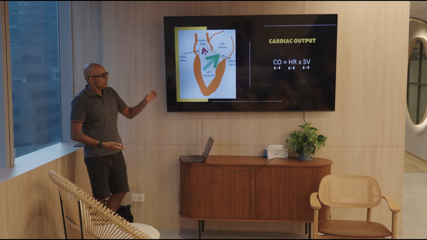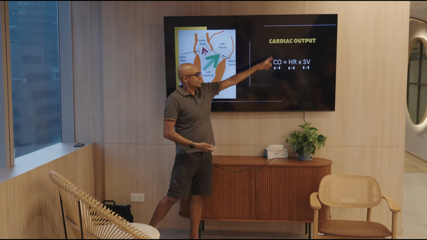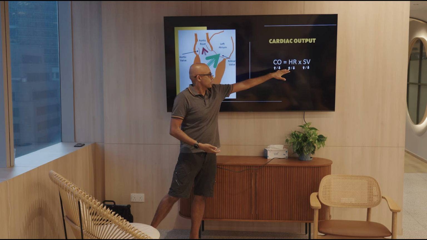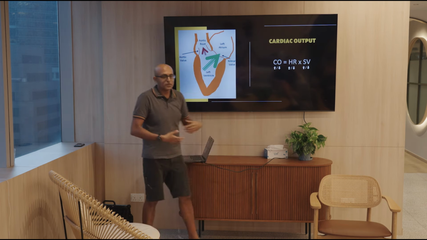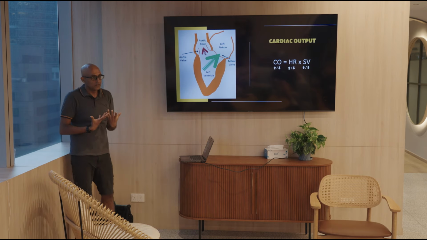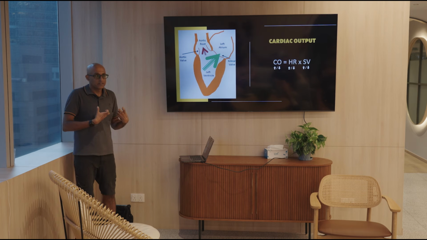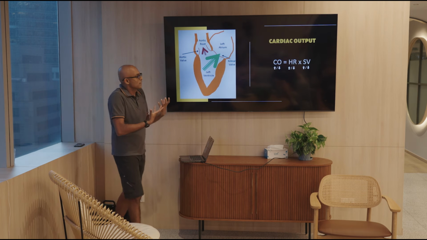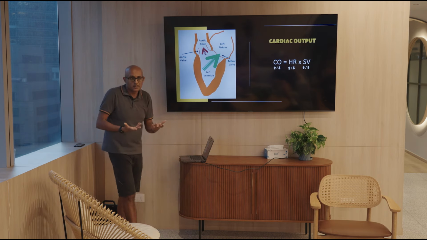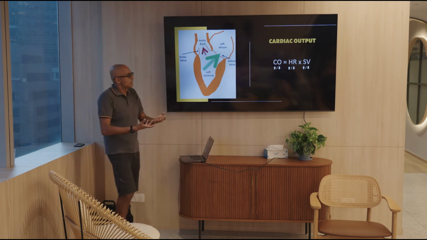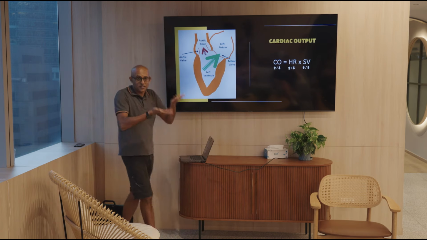Now, to increase your cardiac output, you either have to increase your heart rate and maintain your stroke volume, or if your heart rate is low, your stroke volume has to go up. So in somebody who's got an athletic heart, your heart chambers will expand and the muscle will also expand. To increase cardiac output when we're exercising or under stress, if you've got an expanded heart, your heart rate response has to go up.